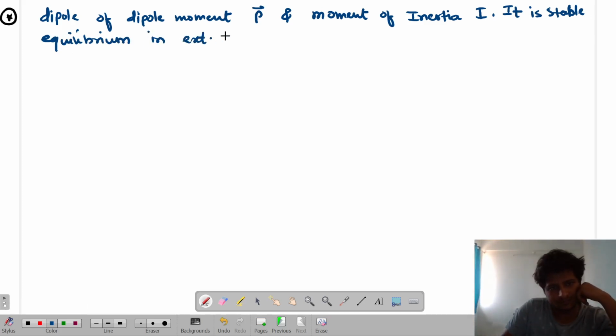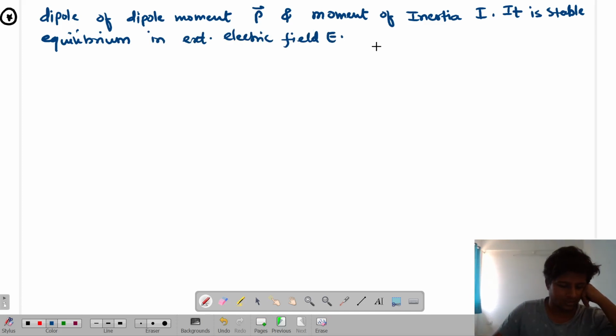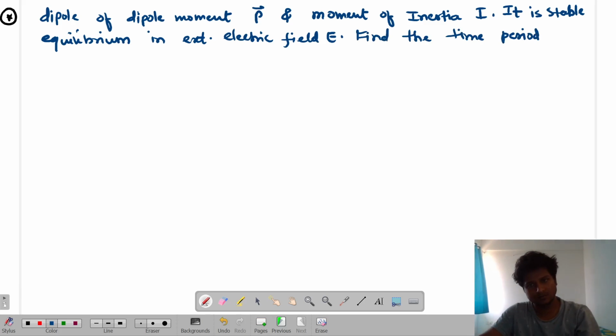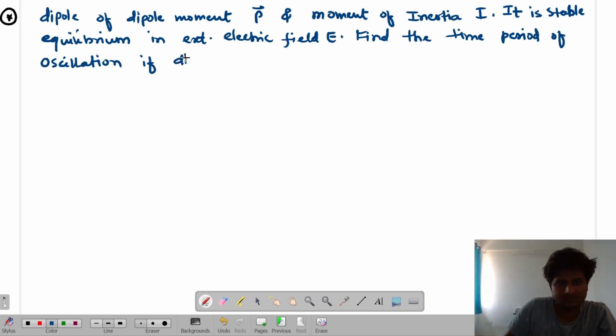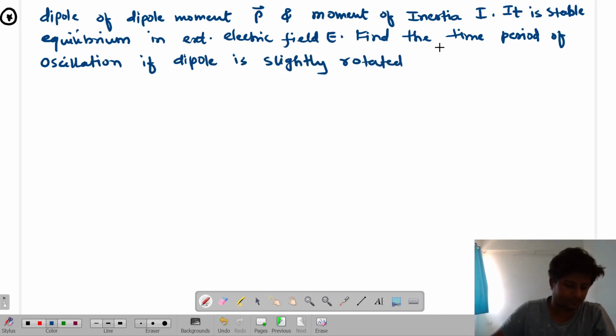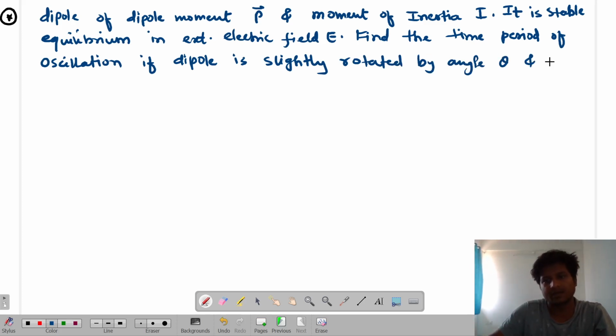Is that clear? The question is: find the time period of oscillation if the dipole is slightly rotated by angle theta and released.